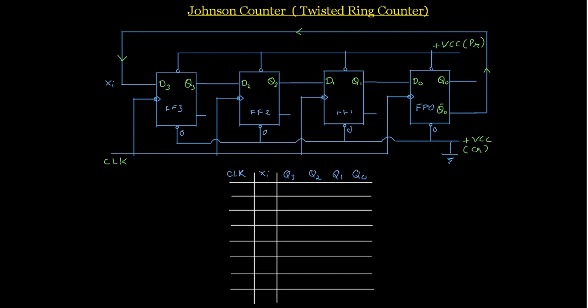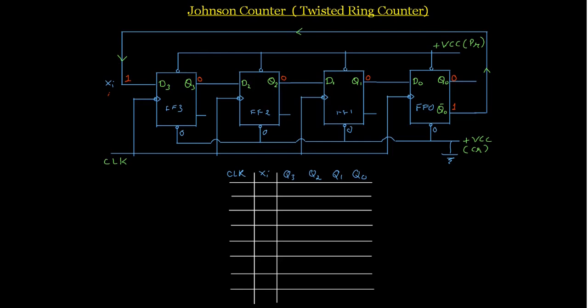So the output of flip-flop number 3 will be 0, flip-flop number 2 output is 0, the output of flip-flop number 1 will also be 0, and Q0 will also be 0. But when Q0 is 0, the Q0 bar will be 1. Remember, this one is connected at the input, that is the Xi. So my input to flip-flop number 3 is going to be 1.